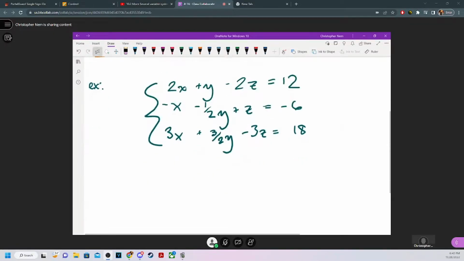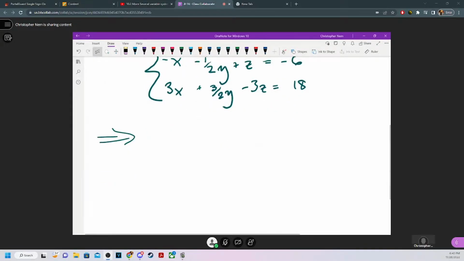To turn this into an array, turn this into a matrix, we're going to have something called an augmented matrix.